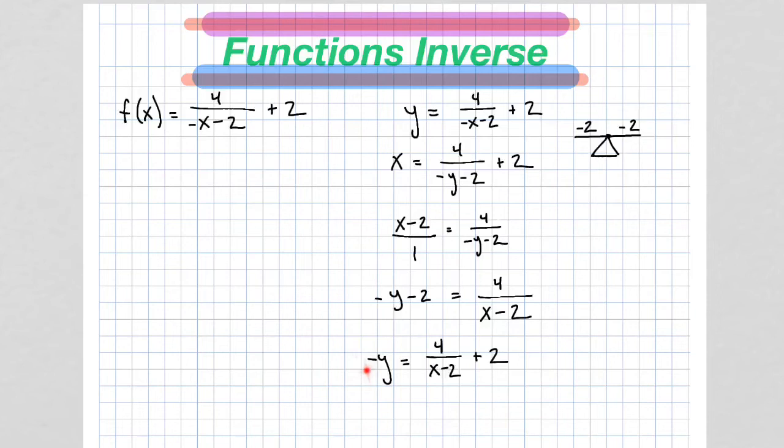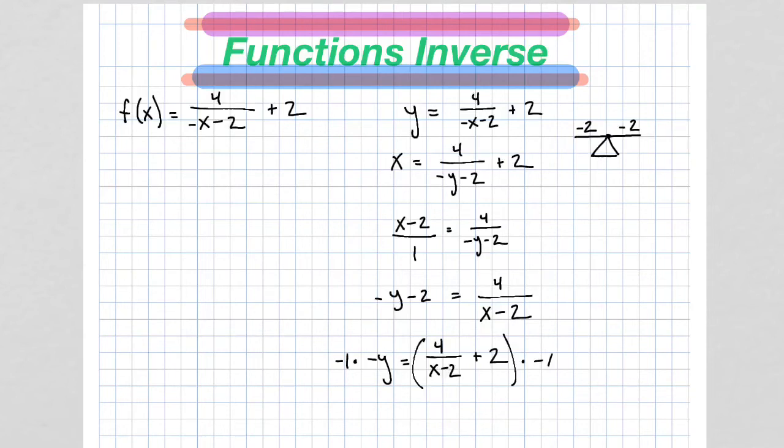Next step, I want to get rid of this negative sign to get y by itself. So I want to multiply both sides by negative 1. Negative 1 times a negative will get rid of that negative sign. So basically what I'm doing is multiplying all this times negative 1 and negative 1 times this side.